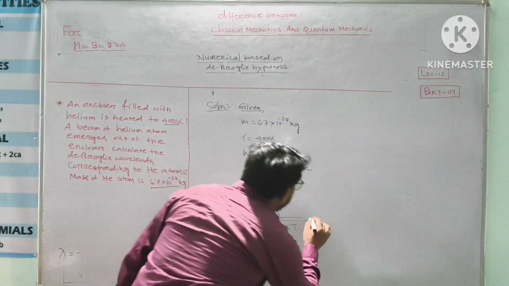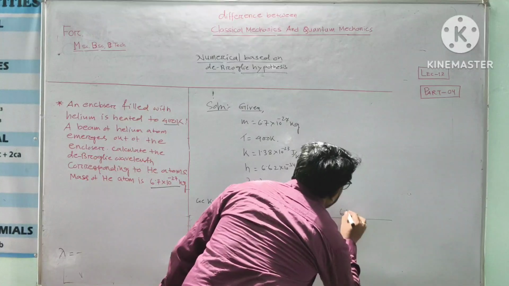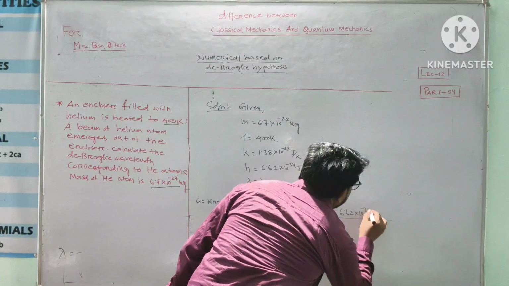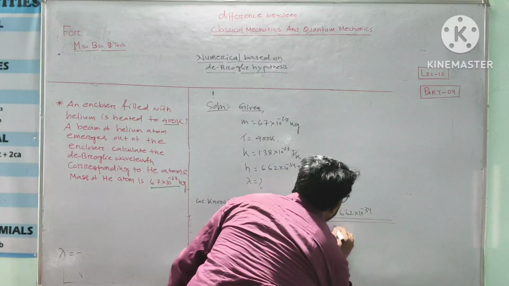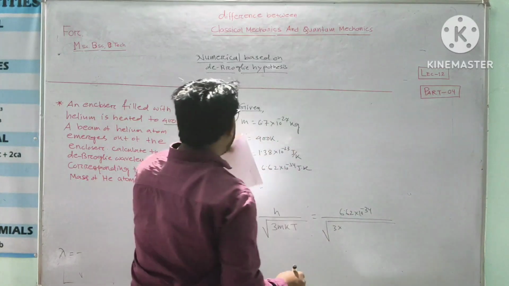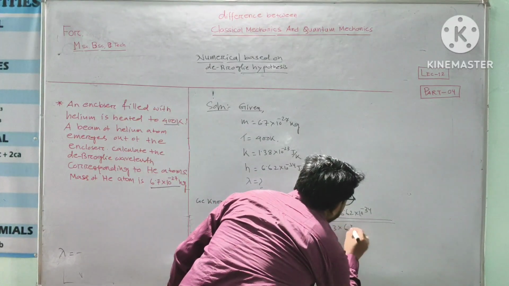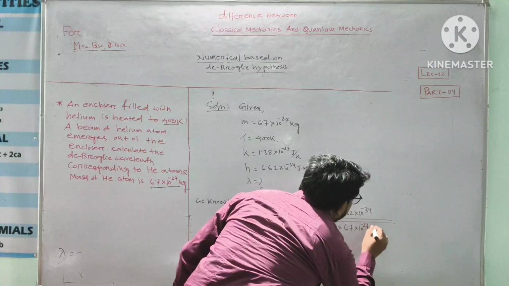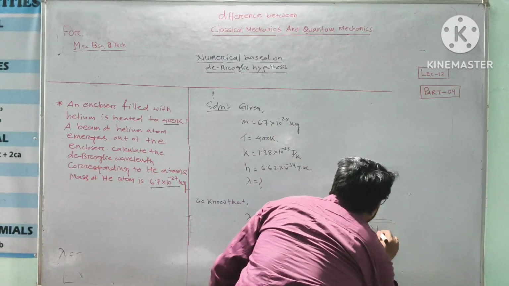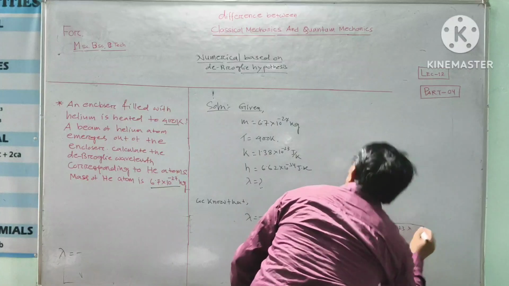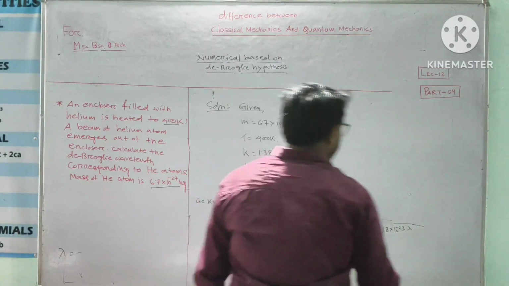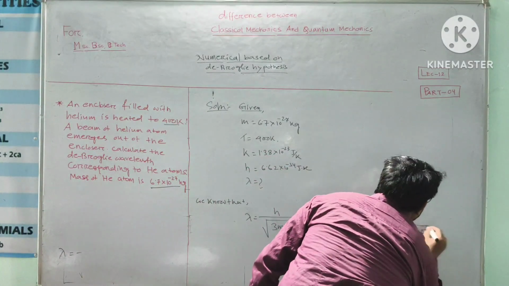So the value of H equal 6.62 into 10 to the power minus 34, under root of 3 into m. The value of m equals 6.7 into 10 to the minus 27. The value of K equal 1.38 into 10 to the power minus 23, and temperature equal 400 Kelvin.